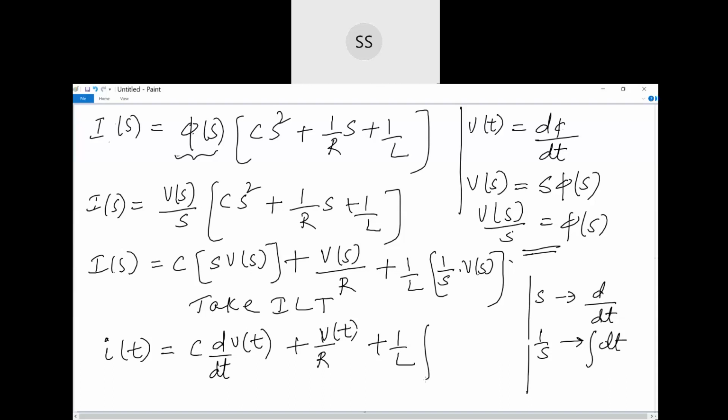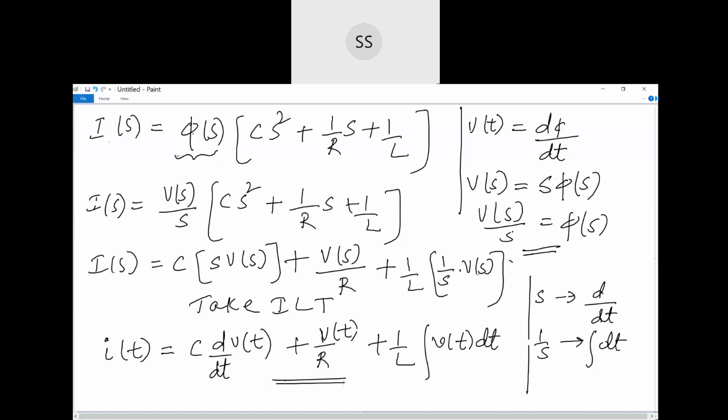Here for 1 by s you have to substitute integral of v of t into dt. Now this is the final equation which will be used to draw the Fi analogous circuit.